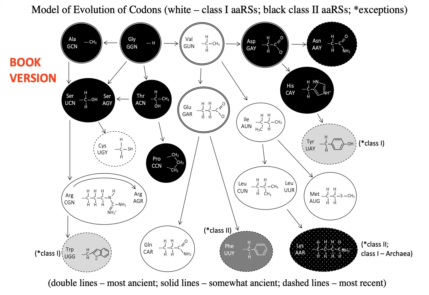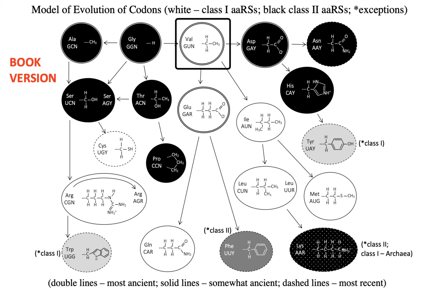And this is the original book version. That is the version from my book, Integrated Molecular Evolution. So here you start out with glycine, which was sort of the way many people thought, and I thought originally. And then that's a class 2 aminoacyl tRNA synthetase in black, and the class 1s are in white. You could then expand into alanine, threonine, serine, valine.